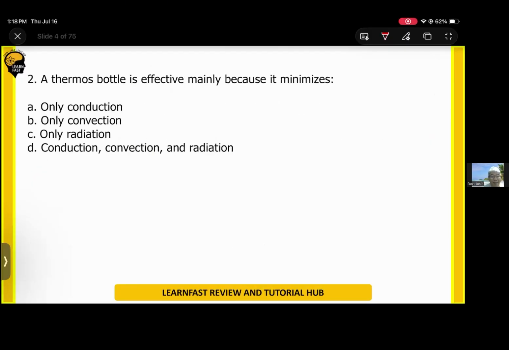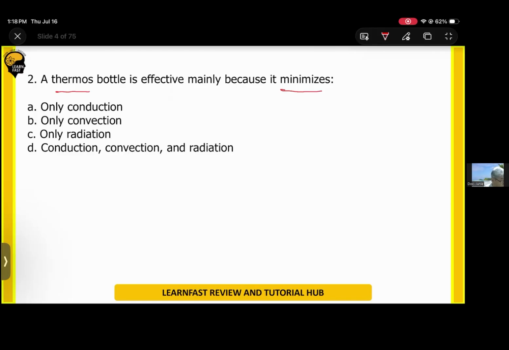A thermos bottle is effective mainly because it minimizes. Now, if you have a thermos bottle, there are 3 types of heat transfer, and this includes conduction, convection, radiation. A thermos bottle tells us that it is well insulated.